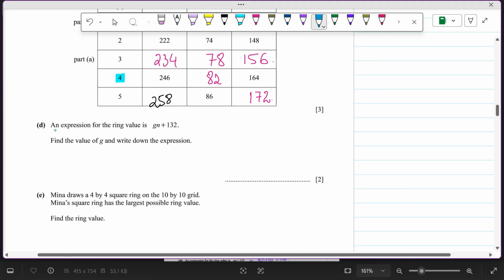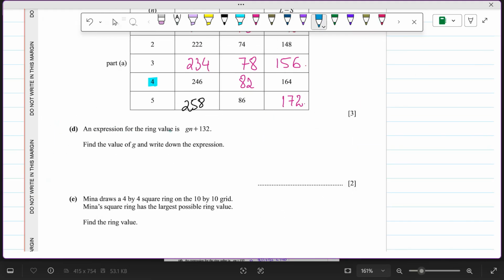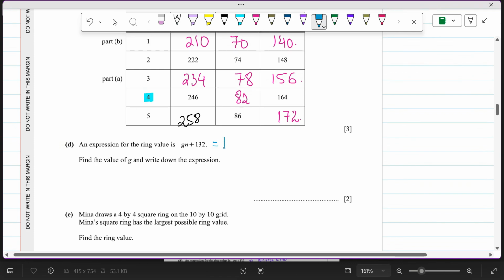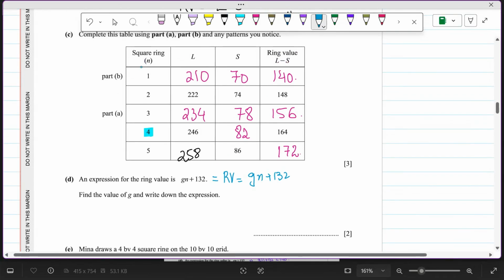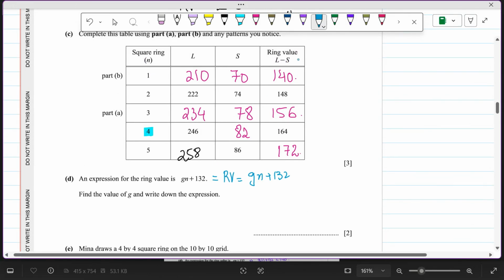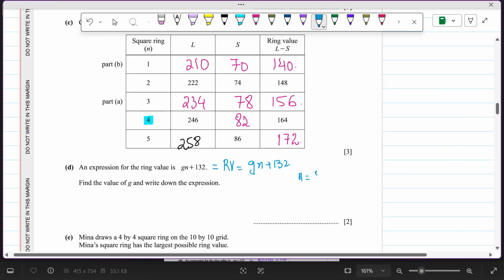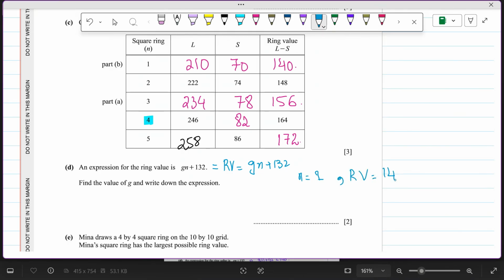Now let's move to part D. The expression for the ring value is Gn plus 132. Find the value of G and write down the expression. For n equal to 1, we have the ring value 140.